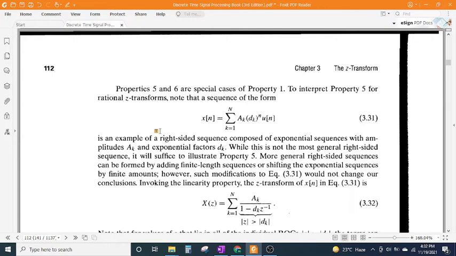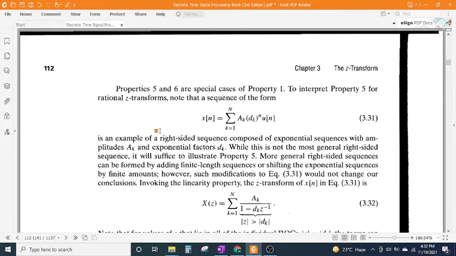The least rapidly increasing of these exponentials, as n increases, is the one corresponding to the innermost pole, i.e., d_1, and the most slowly decaying, or most rapidly growing, is the one corresponding to the outermost pole, i.e., d_N. Not surprisingly, d_N determines the inner boundary of the ROC, which is the intersection of the regions |z| > |d_k|.